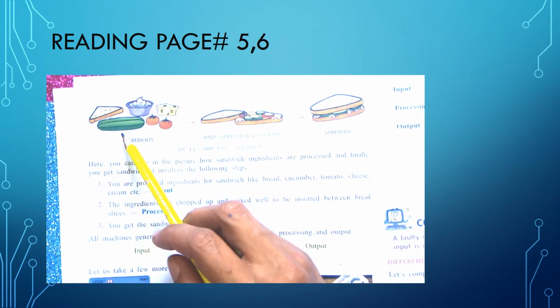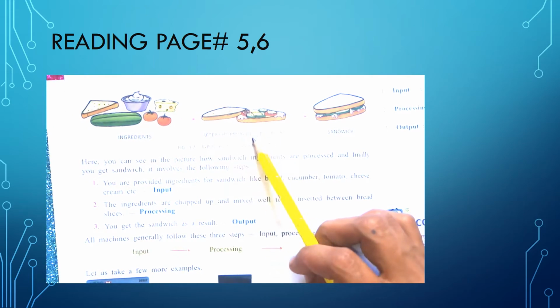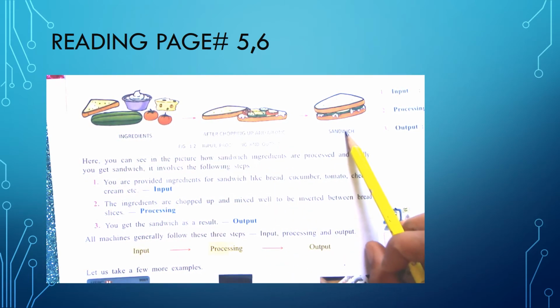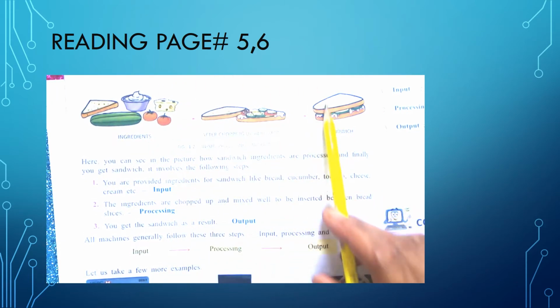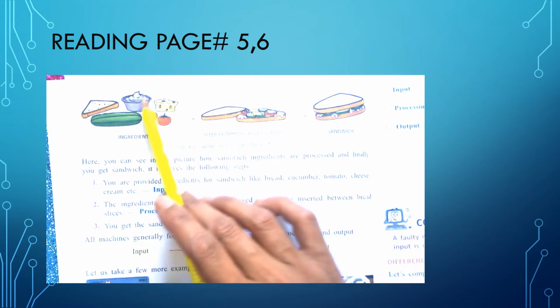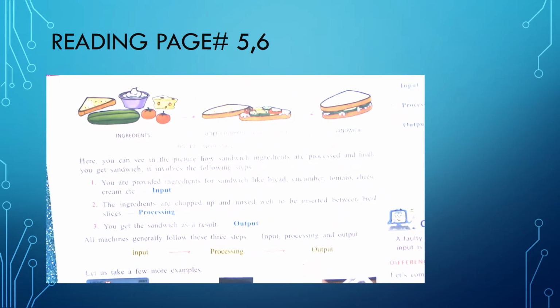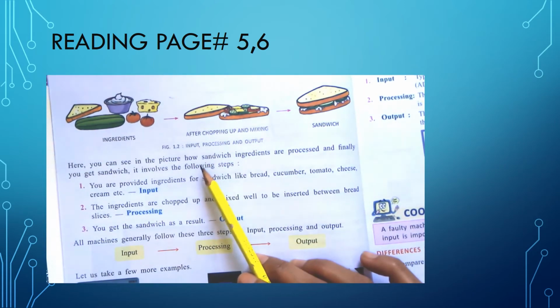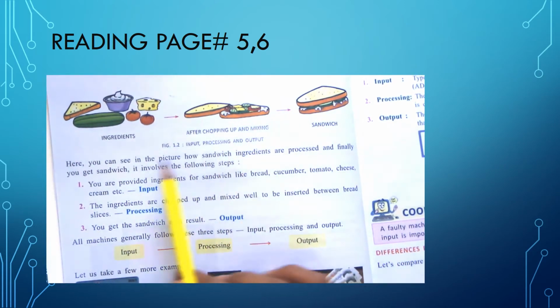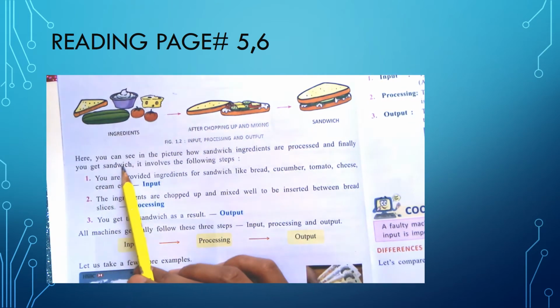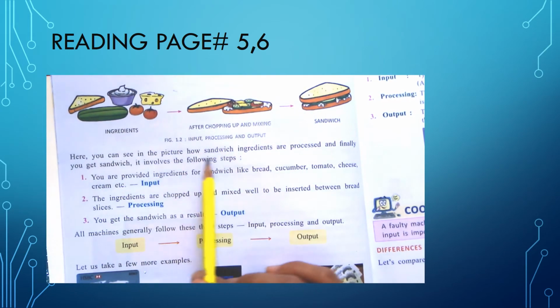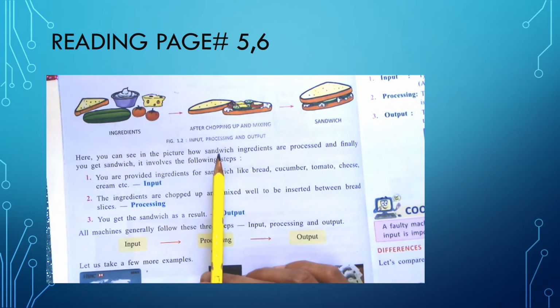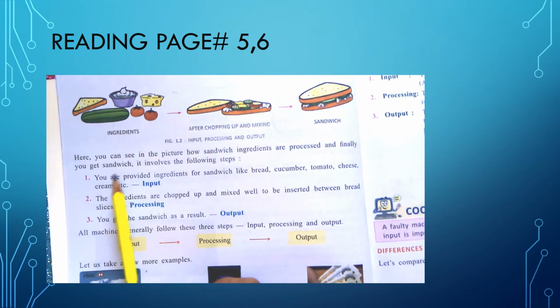So this is your input, this is processing, and this step is output. Here you can see in the picture how sandwich ingredients are processed and finally you get a sandwich.